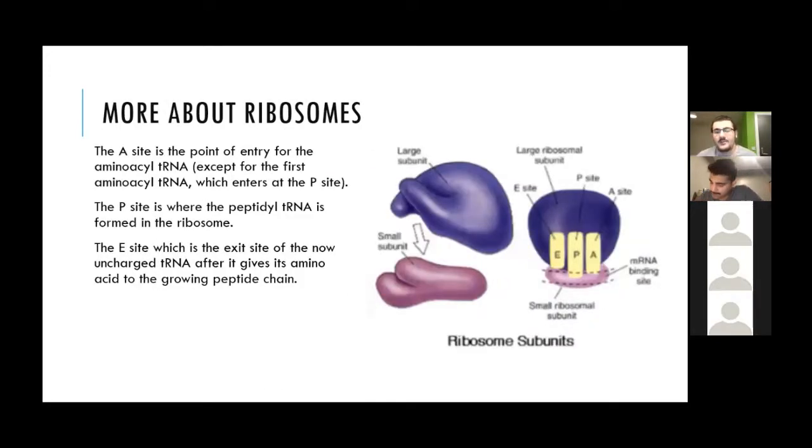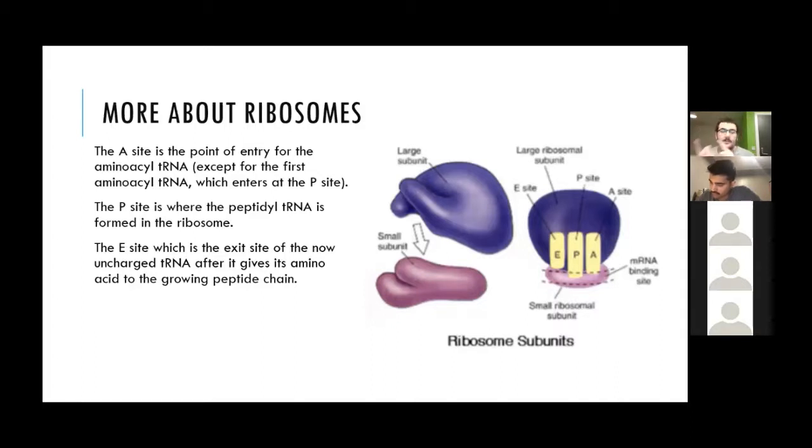More about ribosomes. You have, of course, three sites in the ribosome: the A site, P site, and E site. The A site is the point of entry for the amino acid tRNA. Why is it named that? Because the tRNA carrying the amino acid here still carries an amino acid.